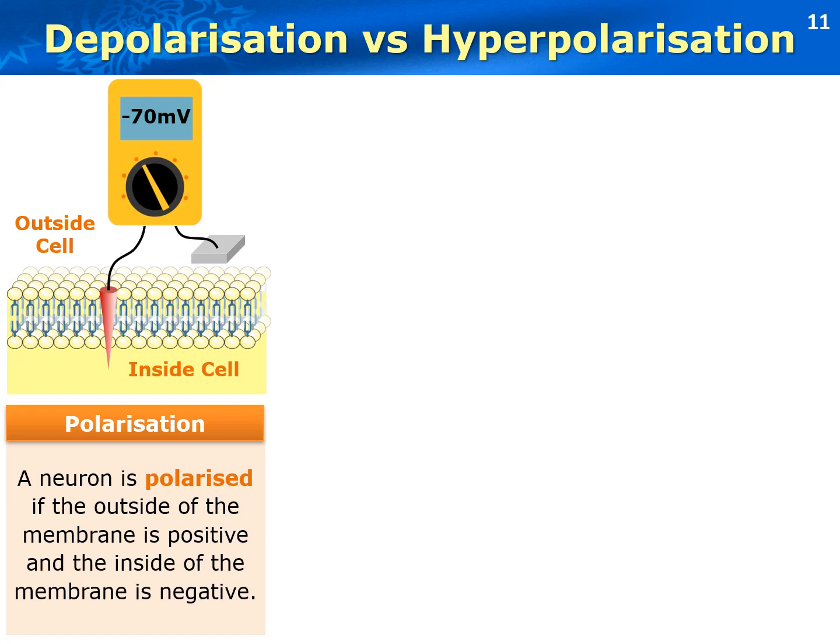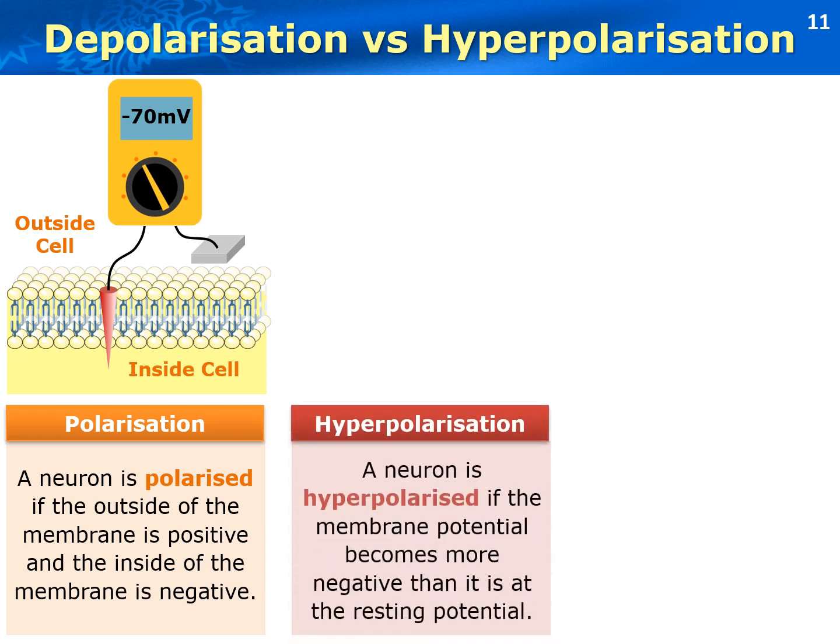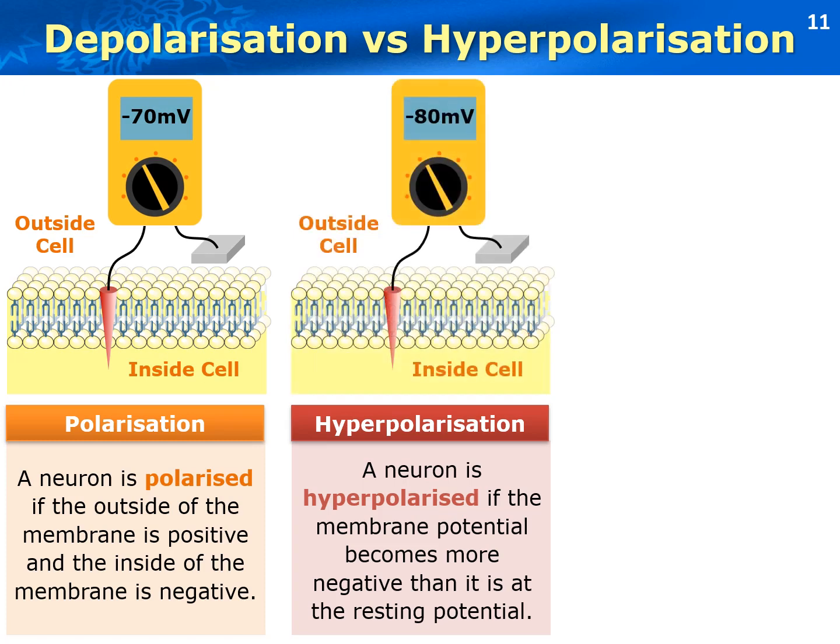If the membrane potential becomes more negative than it is at the resting potential, then the neuron is said to be hyperpolarized. For example, this neuron is hyperpolarized since its membrane potential is minus 80 millivolts, lower than the resting potential, minus 70 millivolts.